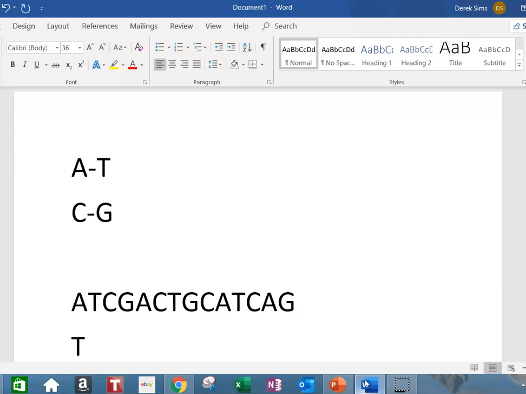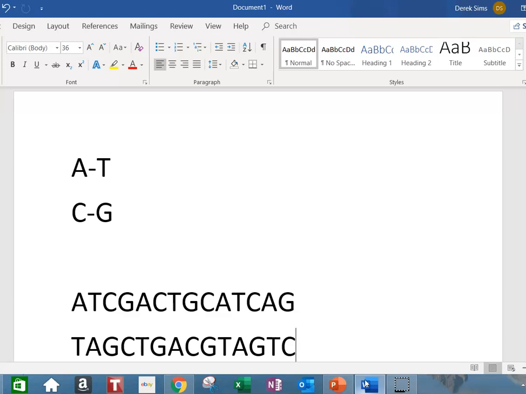If we had a T in strand 1, we would have an A in strand 2. C would go with G, G would go with C, and now you're probably starting to catch on to this idea. So now we have a double-stranded molecule. A's match up with T's in the opposite strand, C's match up with G's in the opposite strand. So we say that these strands complement each other.